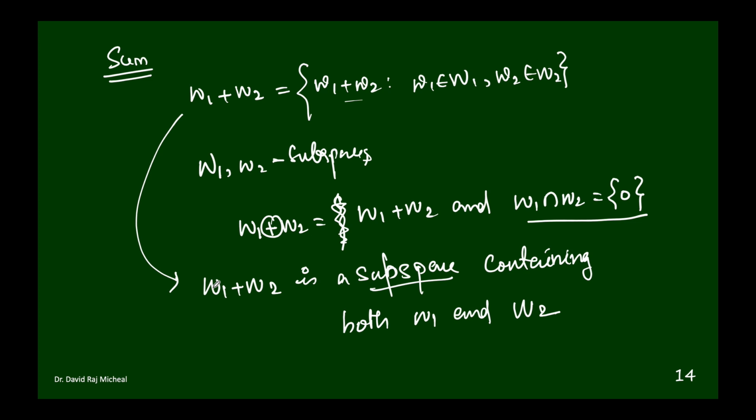In other words, any subspace containing W1 and W2, both of them should be there, also contains W1 plus W2. So let me write it here. That's one result. You can verify it very easily.